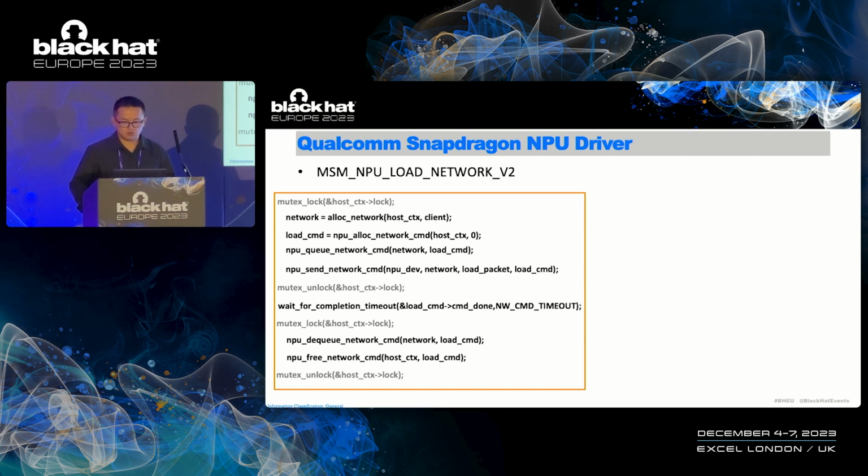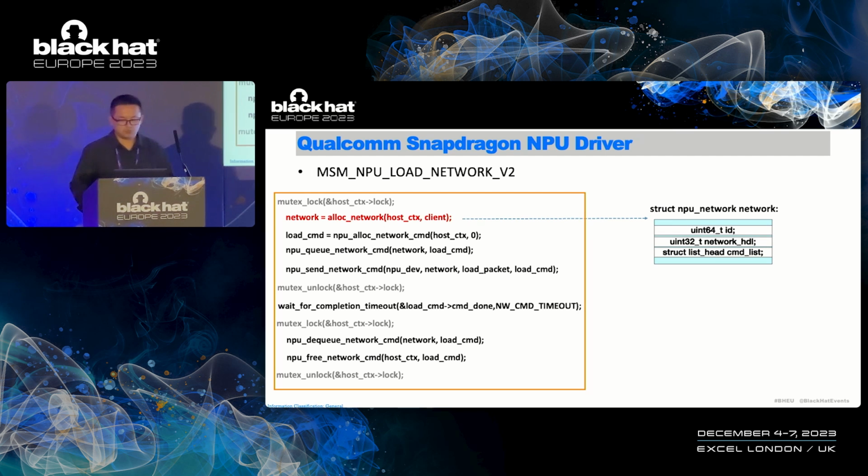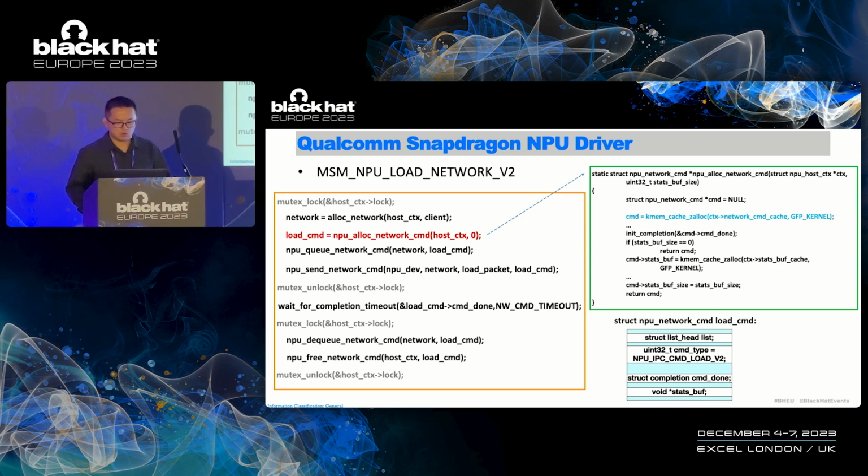First of all, let's have a look at how the command MPU load network v2 works. At first, it will allocate an MPU network object, and then it will allocate an MPU network command object by calling the function MPU alloc network command.